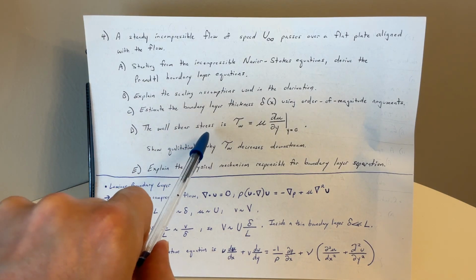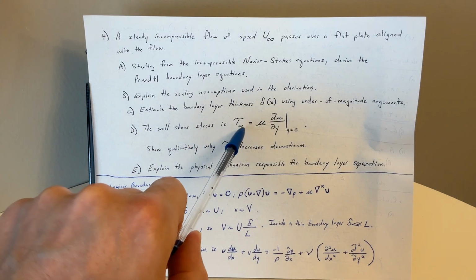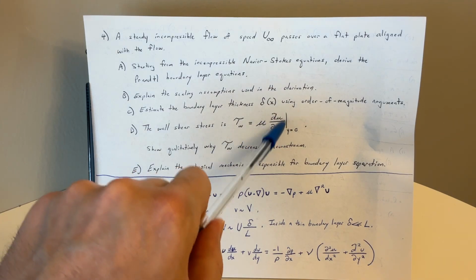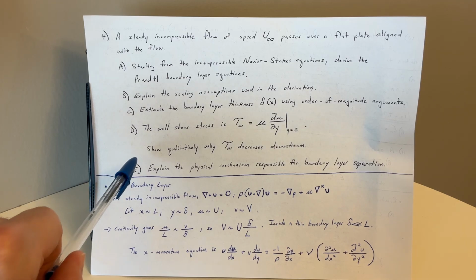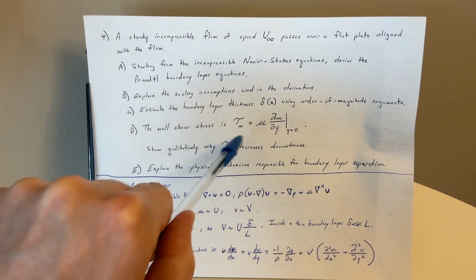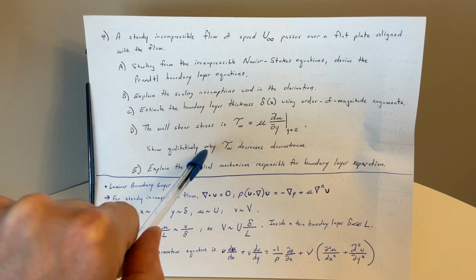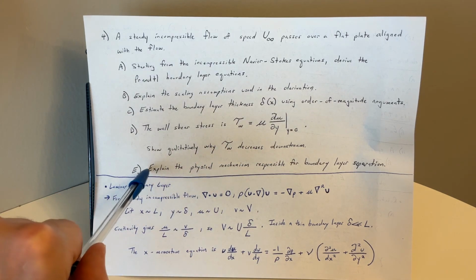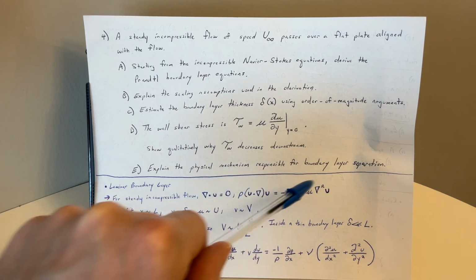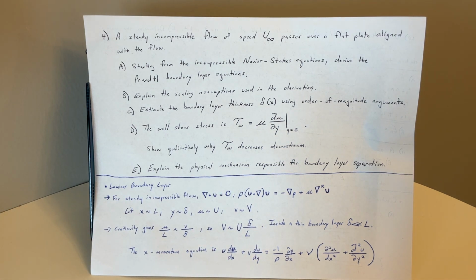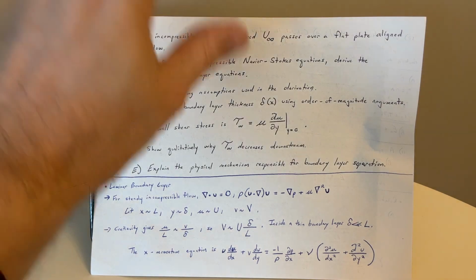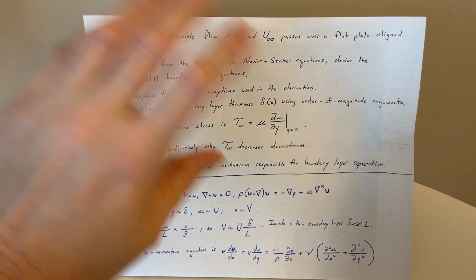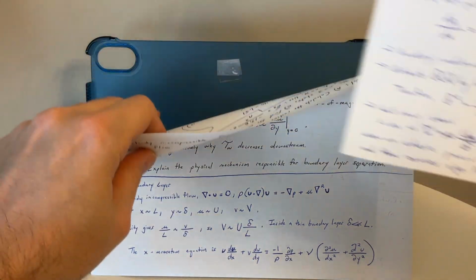And then we get to the wall shear stress, tau sub w equals mu du dy, evaluated at y equals 0. Show qualitatively why tau sub w decreases downstream. In part E, explain the physical mechanism responsible for the boundary layer separation. Okay, so that's a lot. So I just want to get that out of the way before we move on to the second page here. So if you have that down, let's move along to the mathematics behind this.